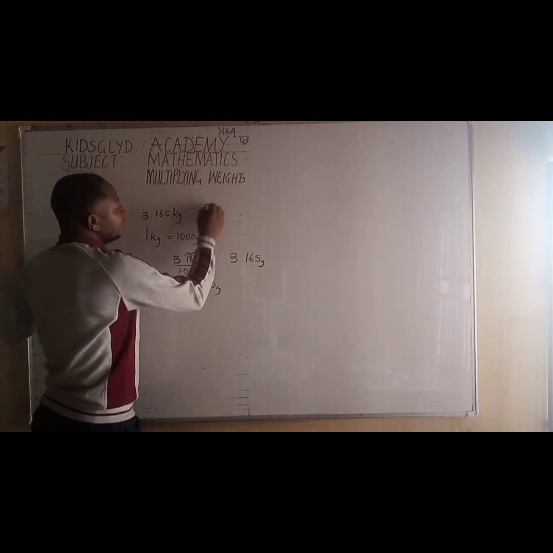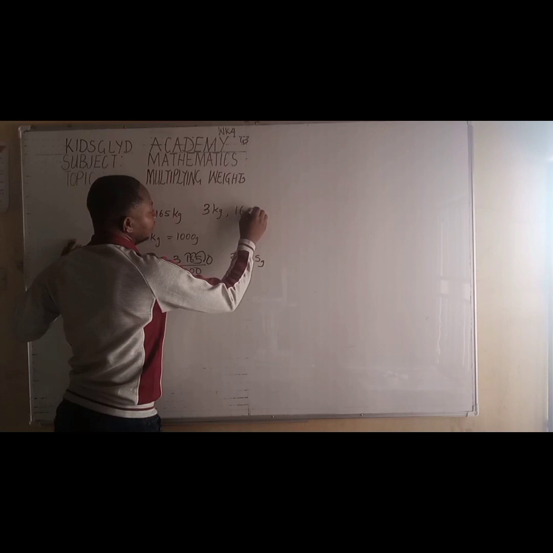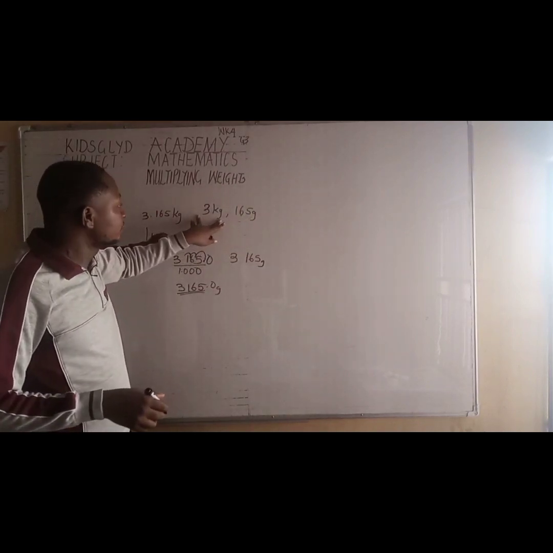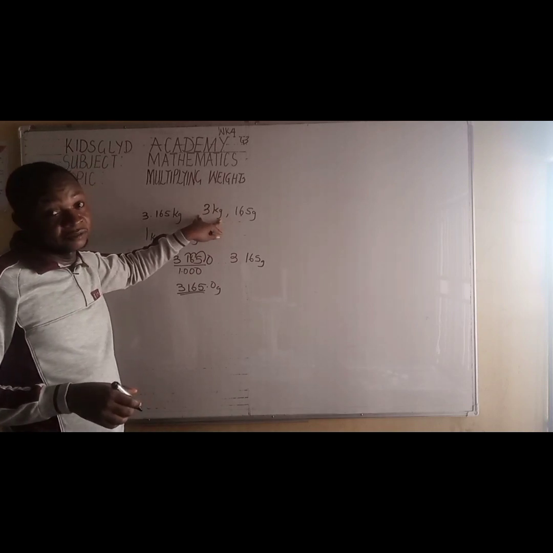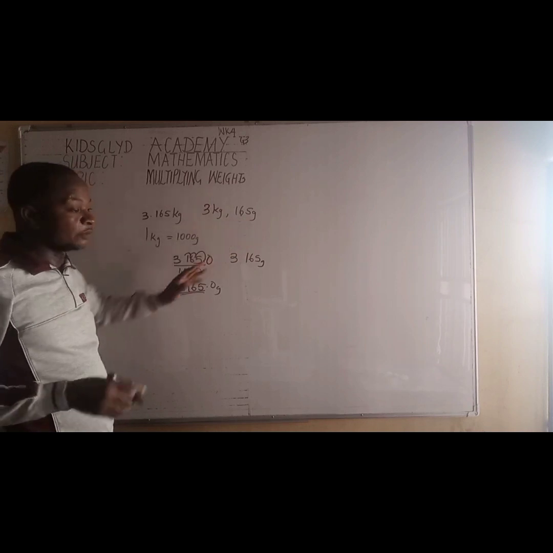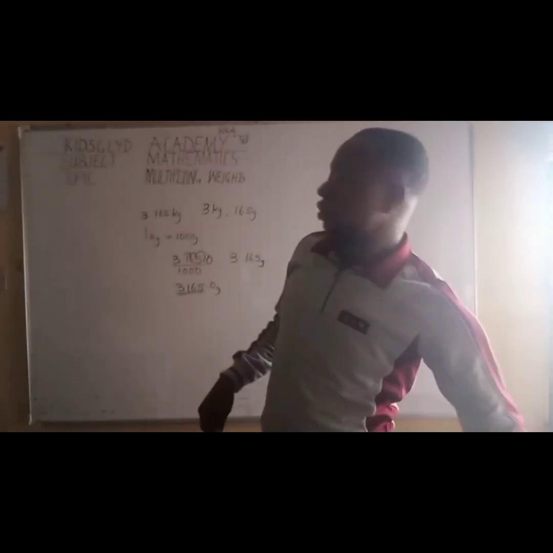The 165 is in grams because it is not up to 1,000, but the 3 is in kilograms. So you have 3 kilograms and 165 grams. That is how to convert grams to kilograms and kilograms to grams.